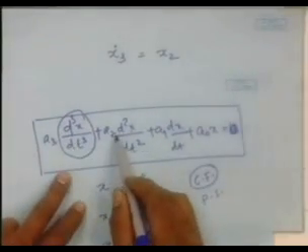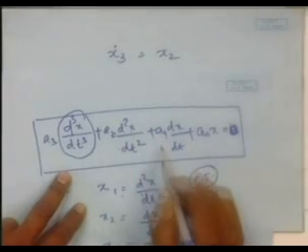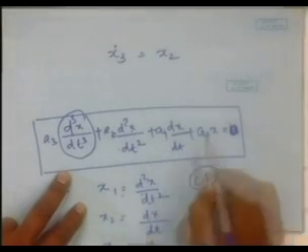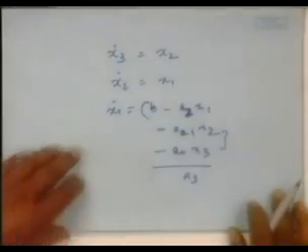So you will find this will become minus a2 by a3 into x1, minus a1 by a3 into x2, minus a0 by a3 into x3.